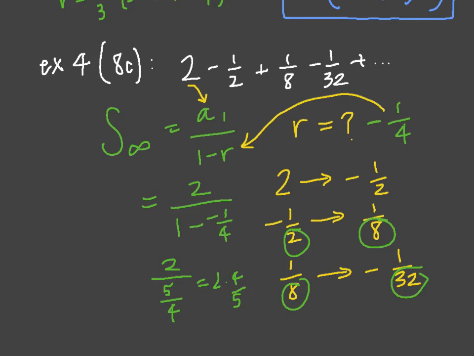So our final answer is 8/5. I ran out of room, so I'll write it over here, 8/5. So your final answer will tend to be kind of a weird fractional number. Sometimes you luck out and you get a whole number. But that's about it for infinite and finite geometric series.